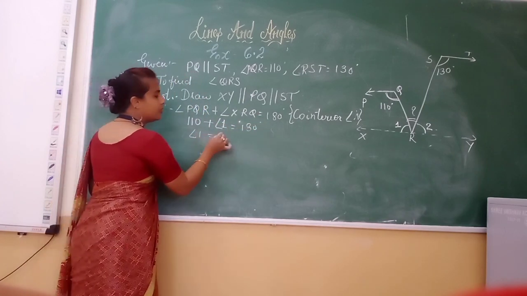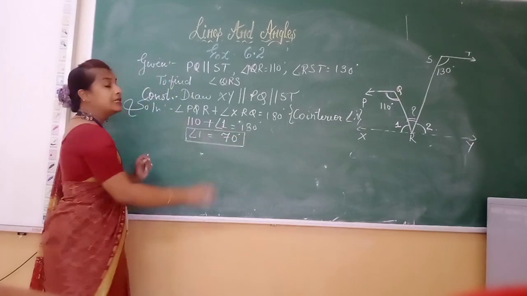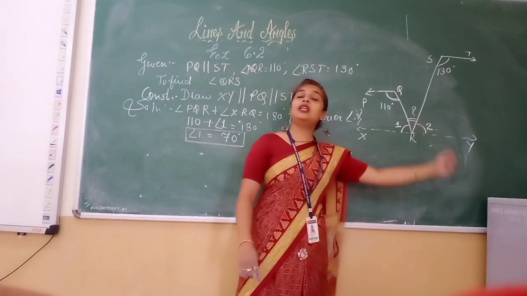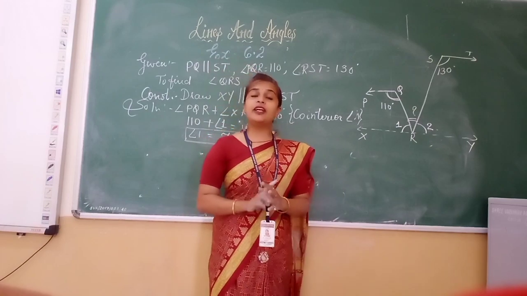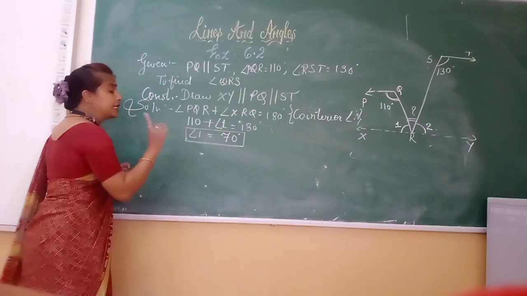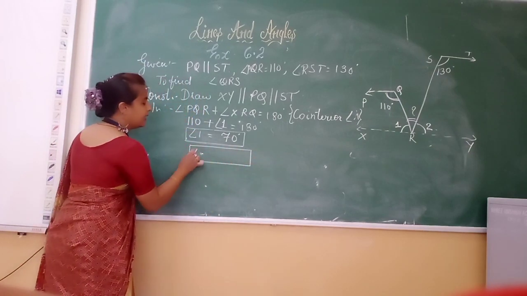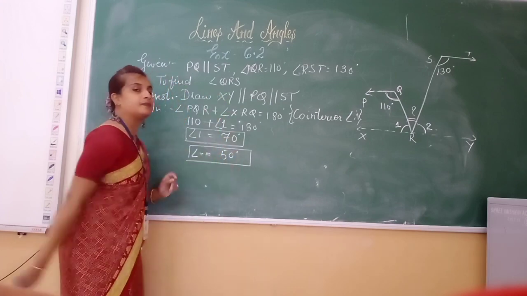So angle 1 from here will be equals to 70 degree. In the same way, find out the value of angle 2. Come on. First, solve it and find out the value of angle 2. After solving, in the same way you have to solve. After solving, we will get angle 2 as 50 degree.